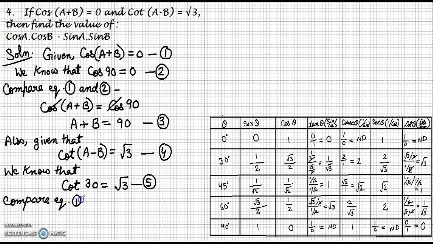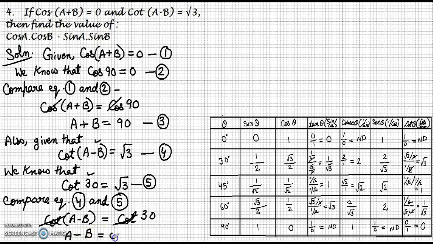Now if we compare the equations 4 and 5, we can say that cot A minus B is root 3 and cot 30 is root 3. So that means cot A minus B is equals to cot 30, which means A minus B is equals to 30. And this is our equation number 6, which is another linear equation in two variables.